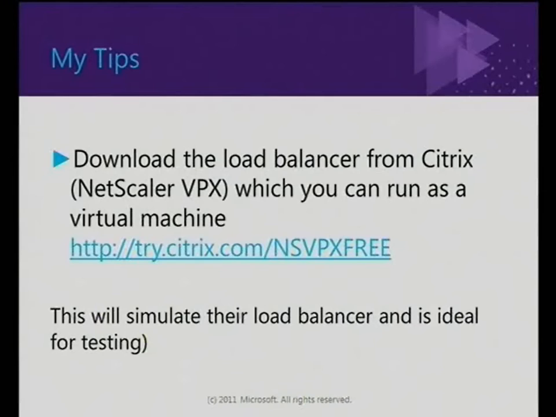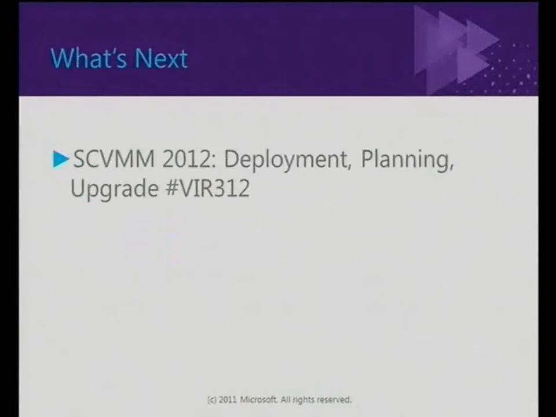If you want to really try the software, the load balancer, this VPX, you need 4 gig and 2 virtual processors. If you want to learn how this works, it's important. I put here only the Citrix one, but on my blog there is also F5.